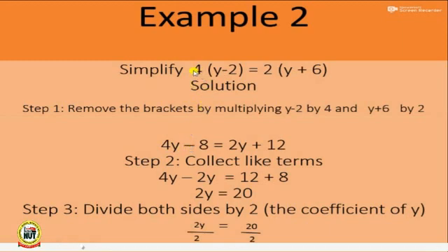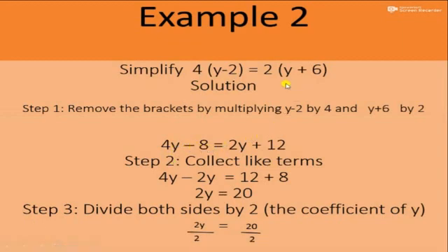We still multiply the 4 by minus 2 inside the first bracket. The 4 is plus, and the 2 inside the bracket is minus. So plus times minus will give us minus. And 4 times minus 2 gives us minus 8. So the first bracket now is 4y minus 8.